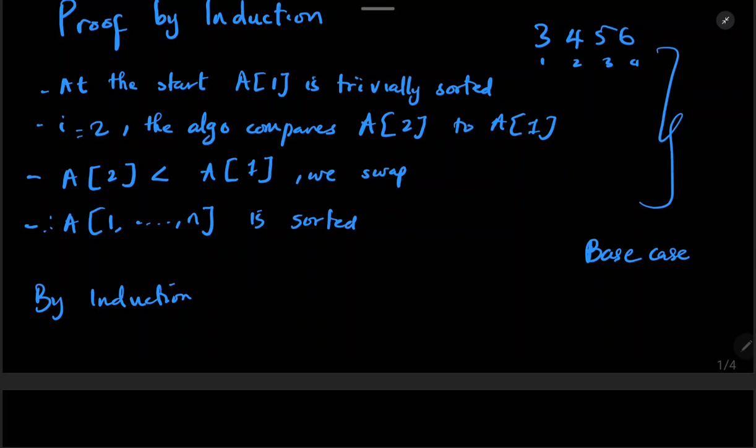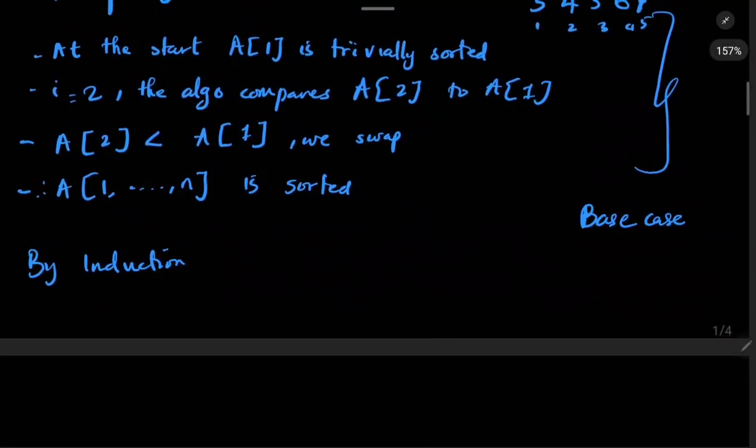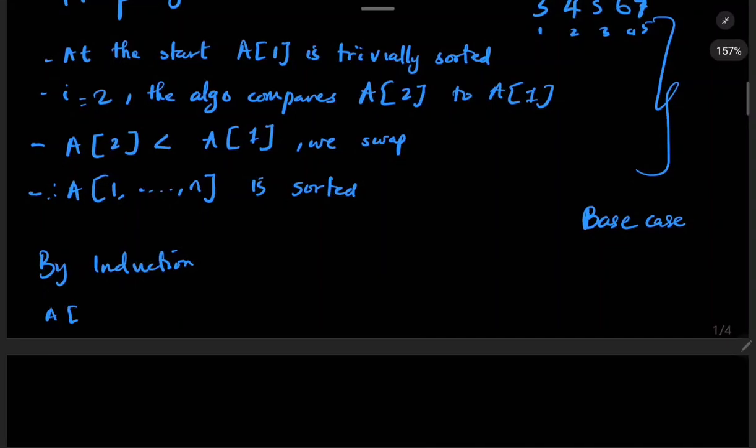So positionally, is AJ less than AJ minus 1? If we introduce a new number here, let's say 7, at position 5, then by induction we are now going to check: is A5 less than A4?